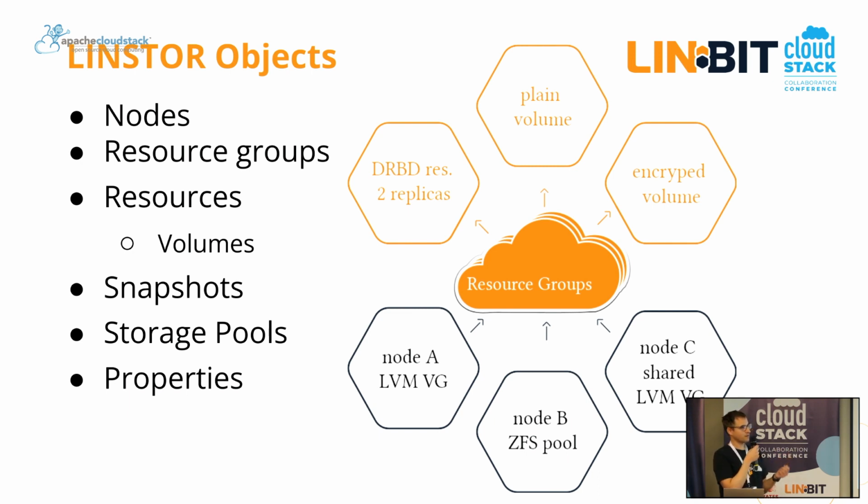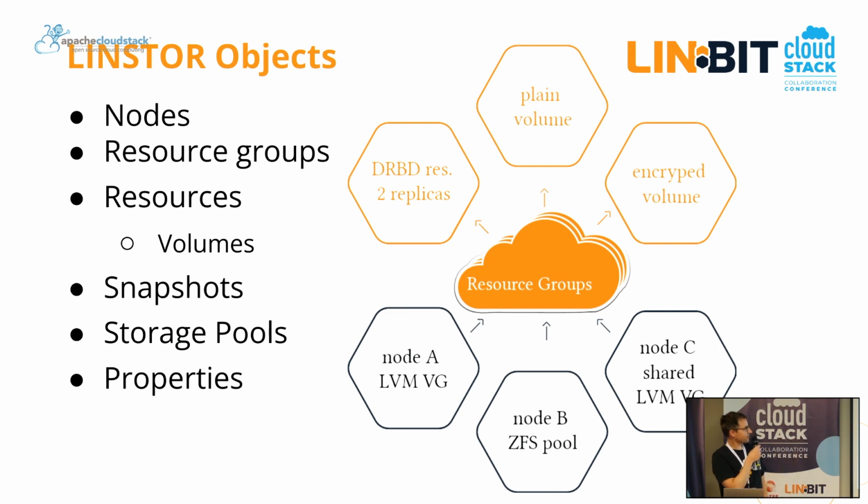You can define there how many replicas you want, for example. That's the simplest one. Then you can define more advanced rules, like if you have 2 racks and you want to have in each rack 1 diskful replica of this resource, as an example.